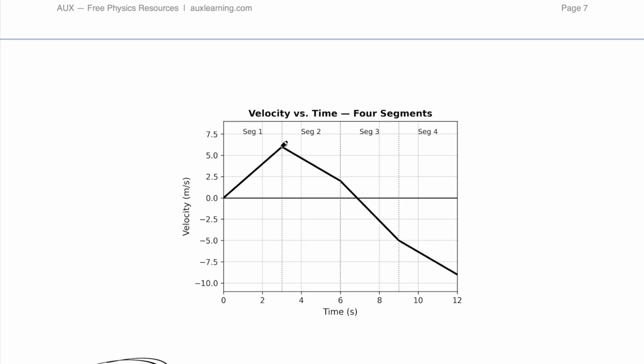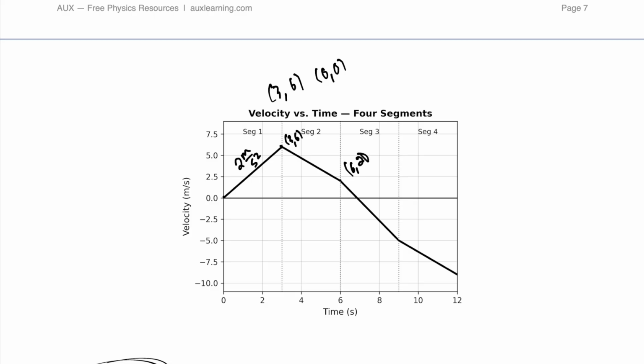Segment 1 over here, I would say the point sits here at 3 comma 6, and then 0 comma 0 here. So the slope of this graph would be 2 meters per second squared. Over here we have the same thing, 3 comma 6 and 6 comma 2.